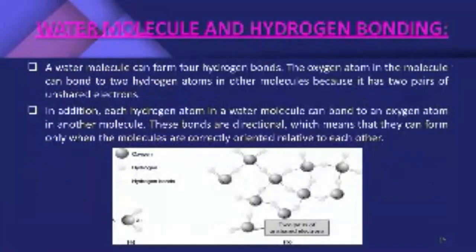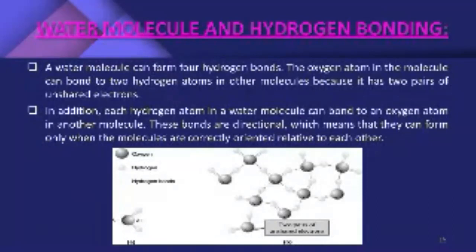First, we talk about the first unique property of water, which is water molecule and hydrogen bonding. A water molecule can form four hydrogen bonds. The oxygen atom in the molecule can bond to two hydrogen atoms in other molecules because it has two pairs of unshared electrons.